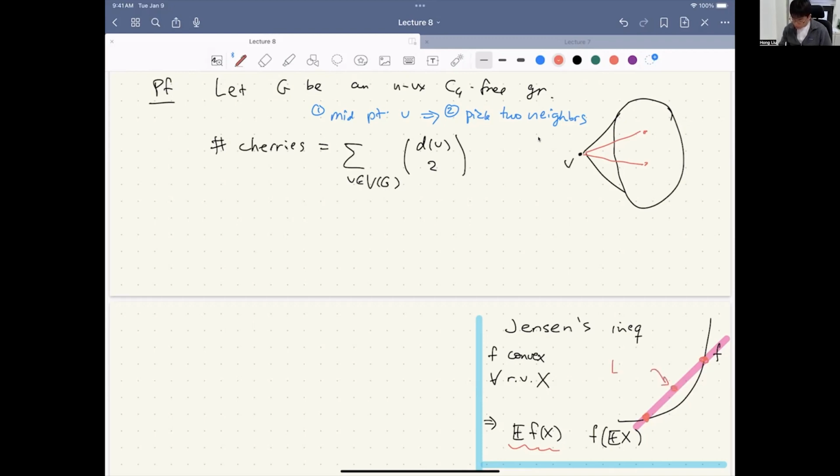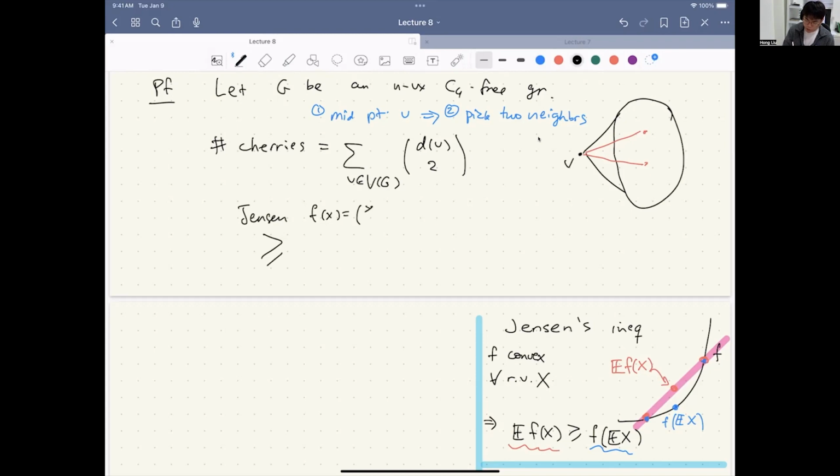This is my expectation of f(X). And what about the other way around? What's the expectation of X? If X takes these two values, E[X] is here. So we have greater than here.